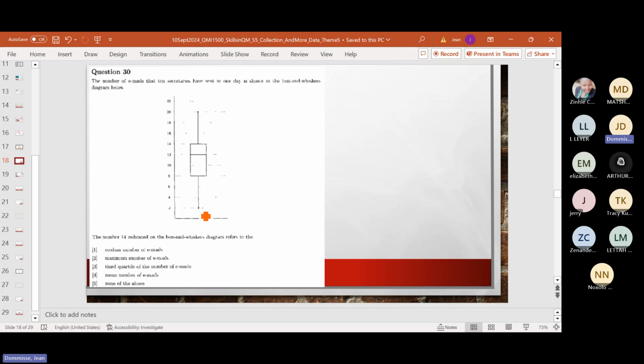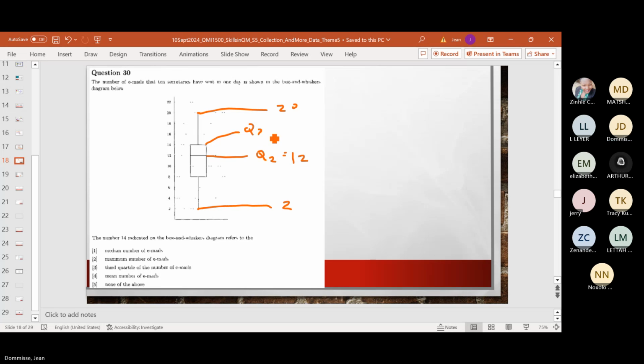Okay, so we can see here at the bottom is 2, at the top is 20, then there's the median, Q2, is 12, there is your Q3, which is 14, and here is Q1, which is 8.